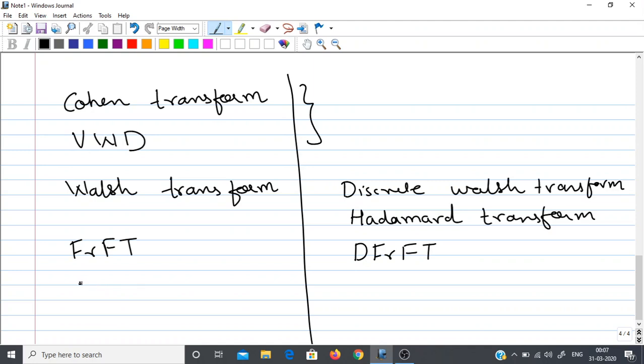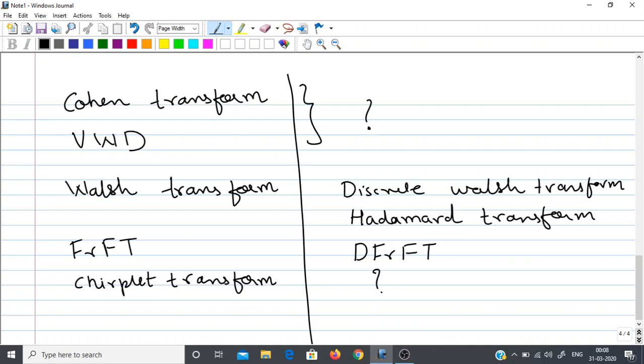Another popularly used transform for continuous time signals is the chirplet transform. I am not aware of the discrete counterpart of the chirplet, so I am putting question marks here. If somebody knows, I would be very happy if somebody answers me about the discrete counterparts of the Cohen transform, the Wigner-Ville distribution and the chirplet transform.